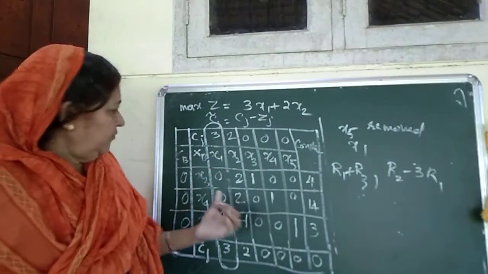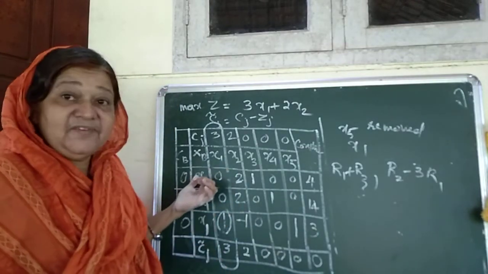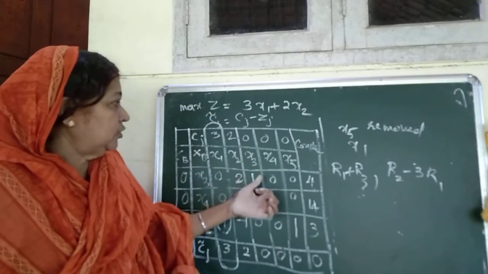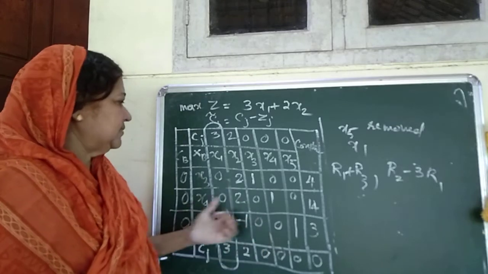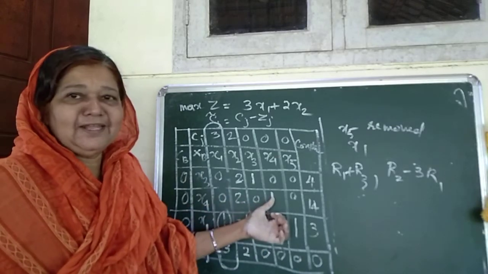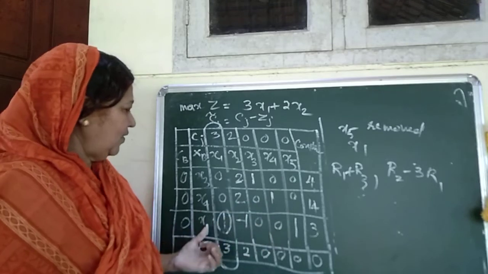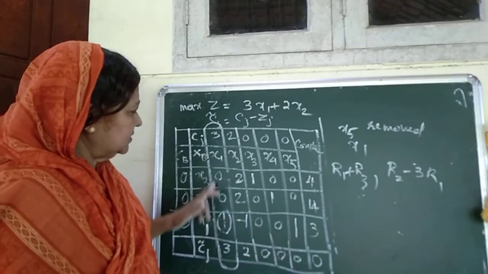Then we can assume that for all the vectors in the basis, the column should be 1, 0, 0. So x3 is 1, 0, 0. Corresponding to x4 here is 1 and the remaining 0. For x1 it is 1, 0, 0.